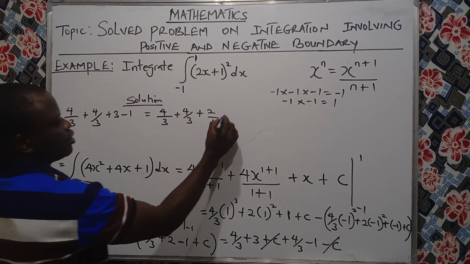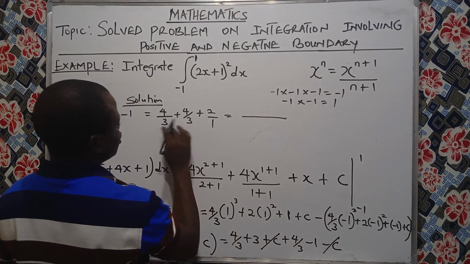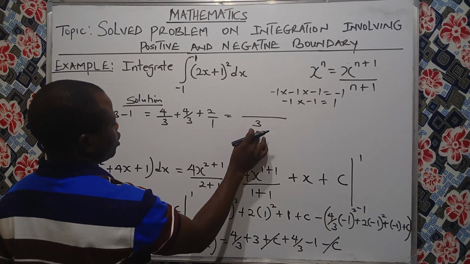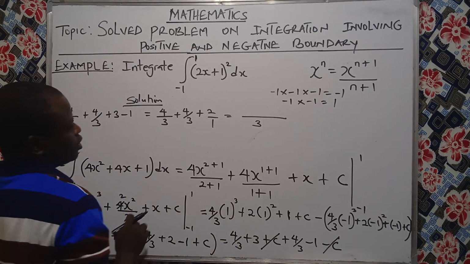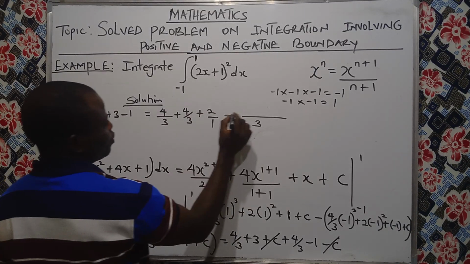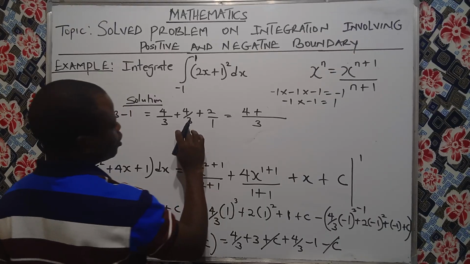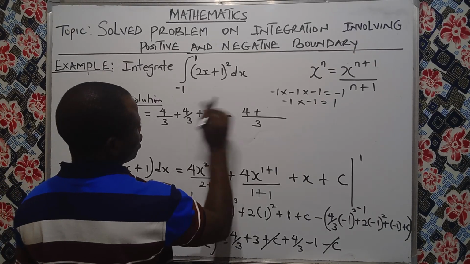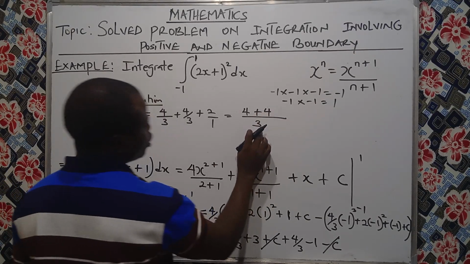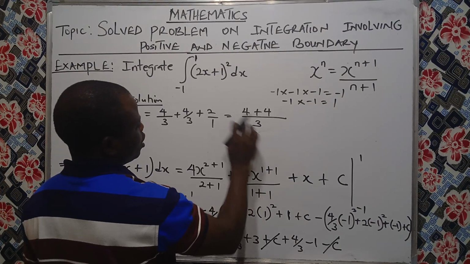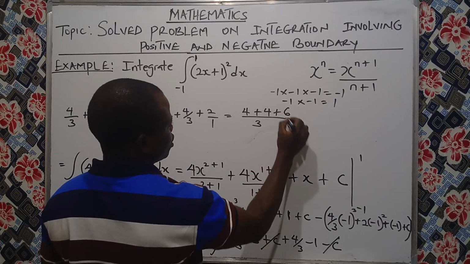Now let's find the LCM. LCM is 3. 3 goes in 3, that's 1, 1 times 4, 4. Plus 3 goes in 3, 1, 1 times 4, 4. 1 goes in 3, 3, 3 times 2, 6.